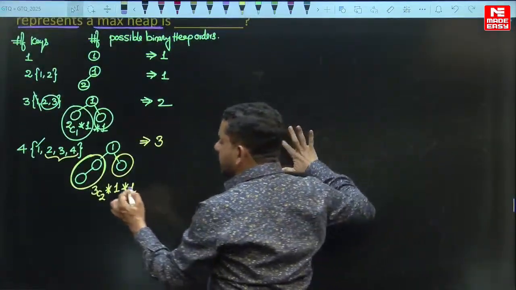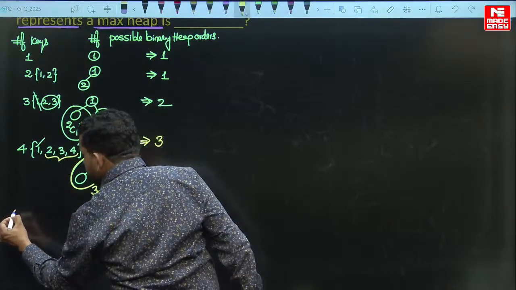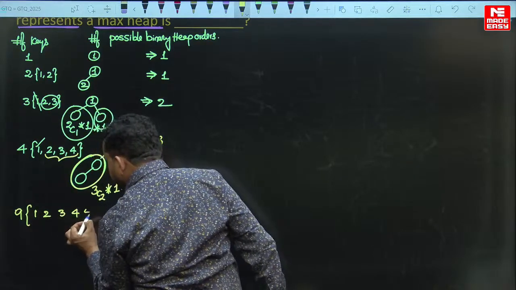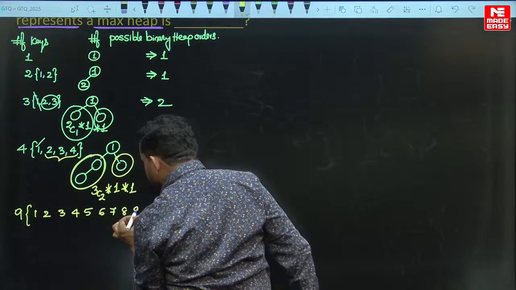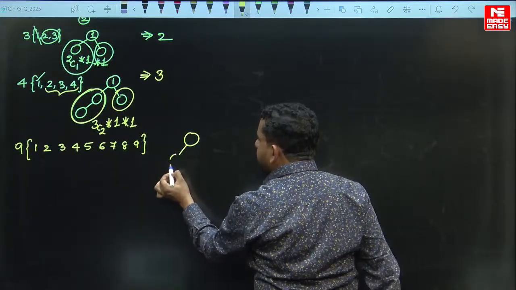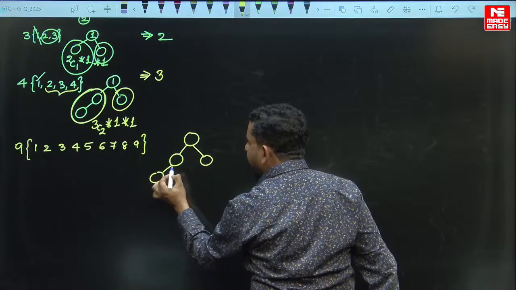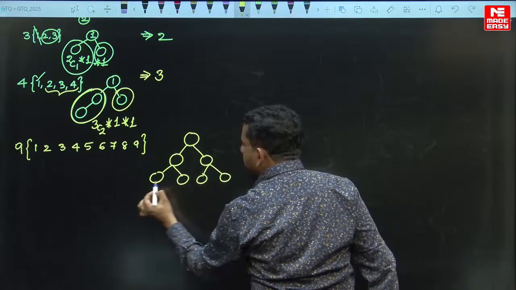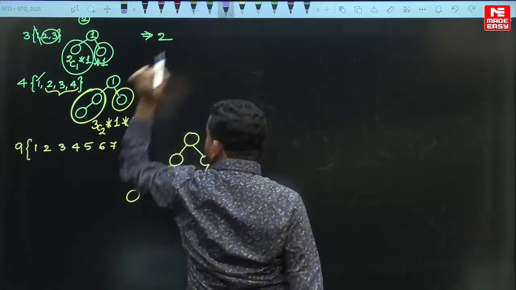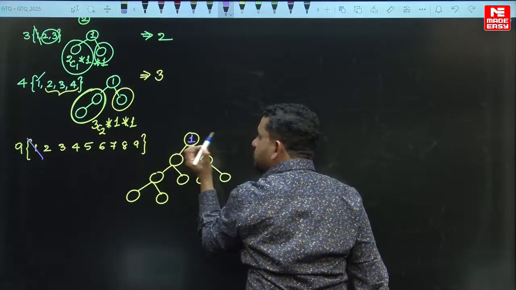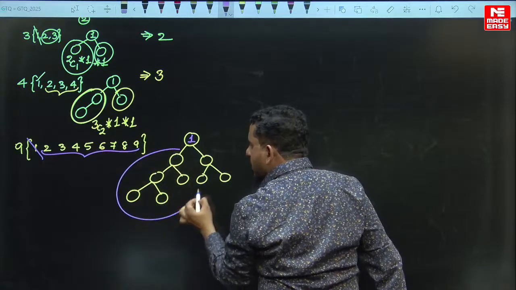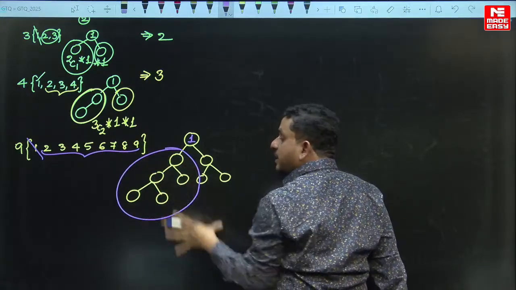So now the question is about 9 keys. If there are 9 keys in the list, binary heap is a complete binary tree of 9 nodes. Out of 9 nodes, one key becomes the root, the minimum key. Remaining 8 keys are there. Among 8 keys, you can choose any 5 keys for the left subtree.